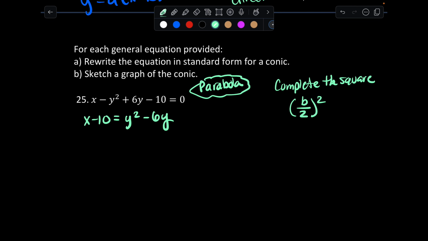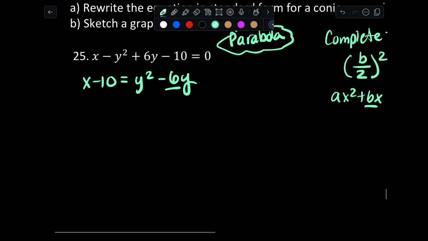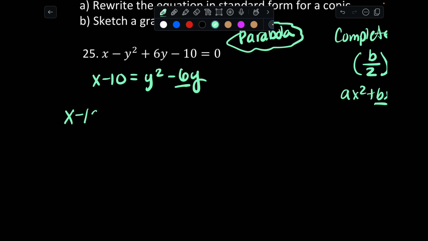So in this case, if we think of ax squared plus bx plus c, our b value is going to be 6. So we will use 6 in order to complete the square. We have x minus 10 is equal to y squared minus 6y, and then we're going to end up with plus negative 6 divided by 2 squared.